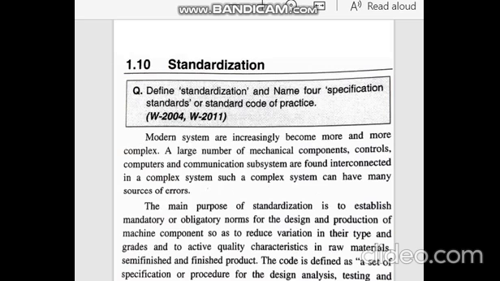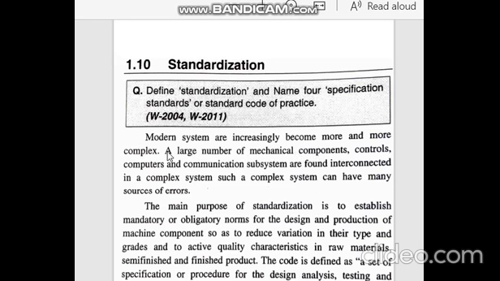Okay, next we come to this topic, standardization. You may be asked to define standardization and name four specific standards or standard codes of practice. Okay, like that there is one question asked. You see, what is standardization? Nowadays all these modern systems we are using are becoming more and more complex.